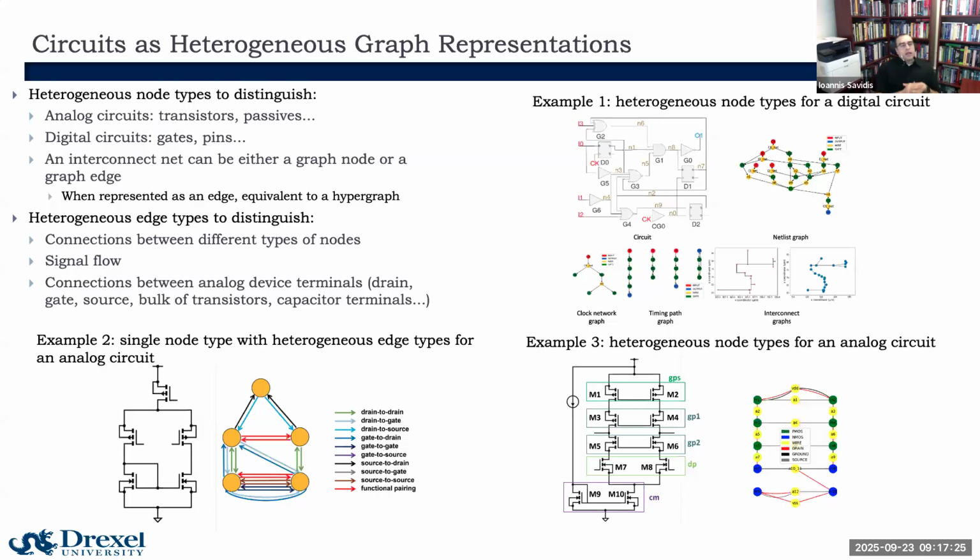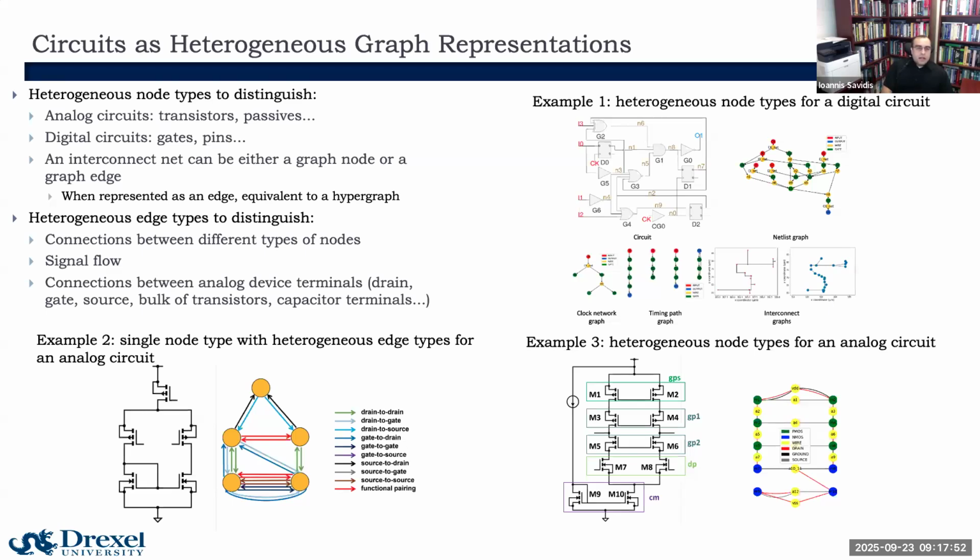All right, and I kind of alluded to this, but we also have these heterogeneous graph representations, which allow us to consider the nuanced features of both device types and even the type of edge connection between devices. In the figure, we have examples of heterogeneous graphs from both the analog and digital circuit space, where you have your gate type, transistor type, and edge type between terminal connections being accounted for.